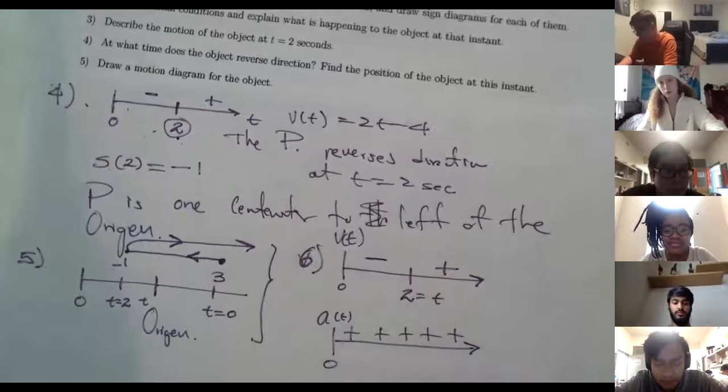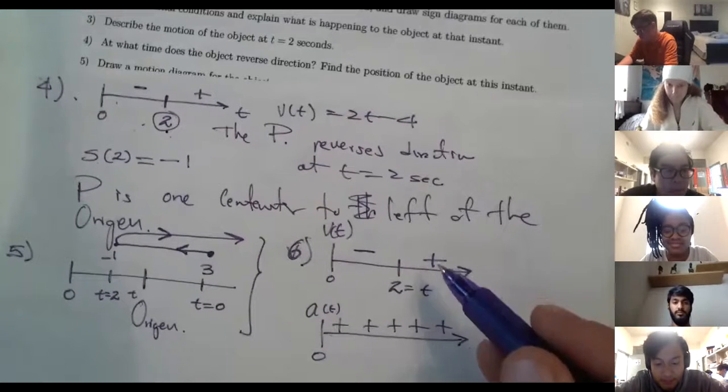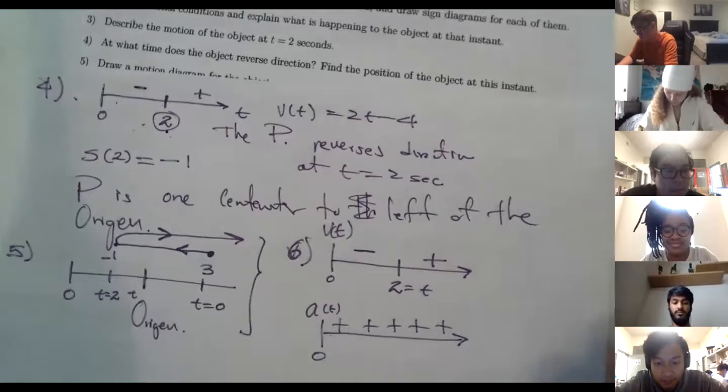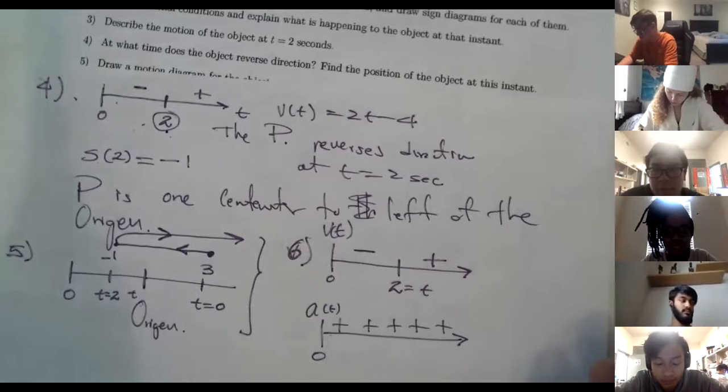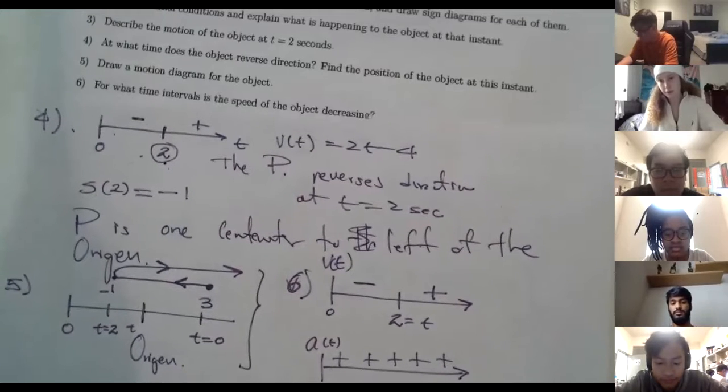right? So if you look at these two diagrams, when do they have opposite signs? At 2. Only at 2? Every value less than 2. Right, because they said the intervals, right?